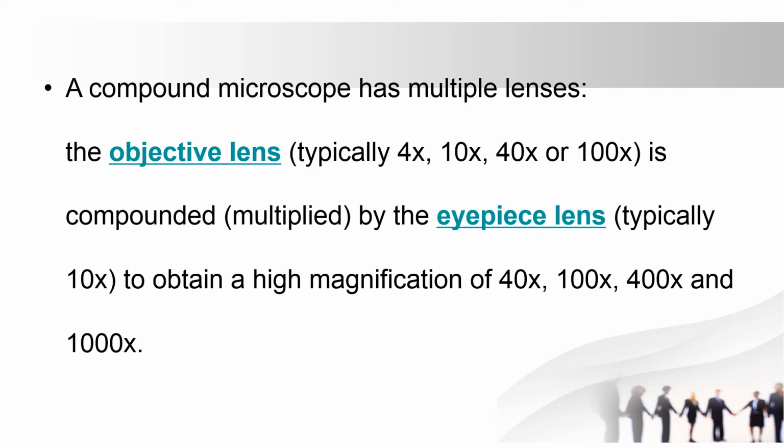So it means that the size of the object will be increased either 40 times, 100 times, 400 times, or 1000 times, depending on the magnification of the objective lens and the magnification of the eyepiece lens. So we are going to look at where the eyepiece lens is and where the objective lens is.